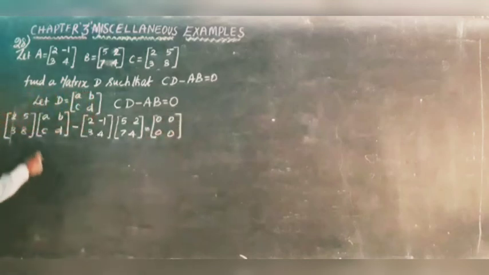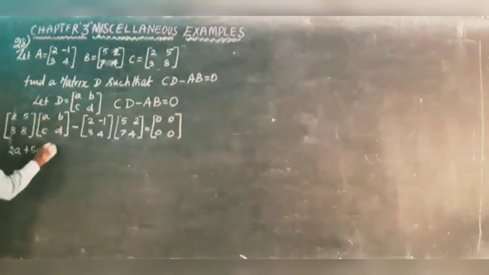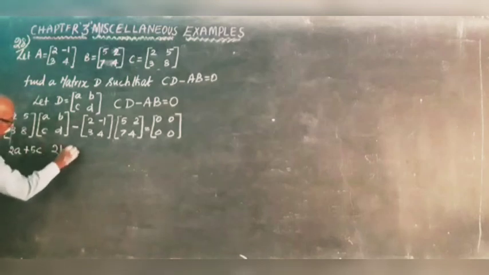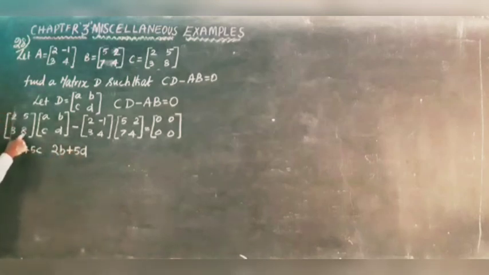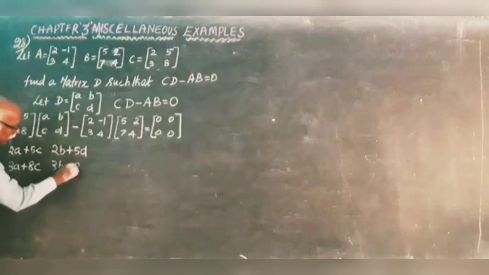Now multiply: first row first column 2a plus 5c, first row second column 2b plus 5d, second row first column 3a plus 8c, then 3b plus 8d.